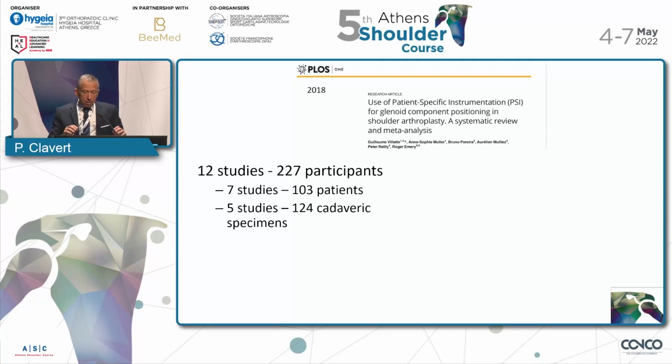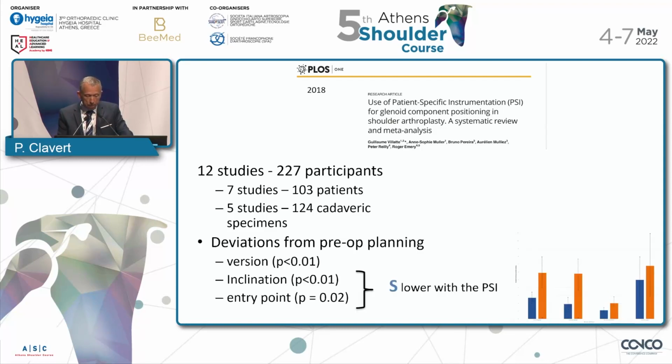Then I will show you 2 systematic reviews and meta-analyses. The first one, in 2018, put together 12 studies, 227 patients, that means 7 studies on patients and 5 studies on cadaveric shoulders.